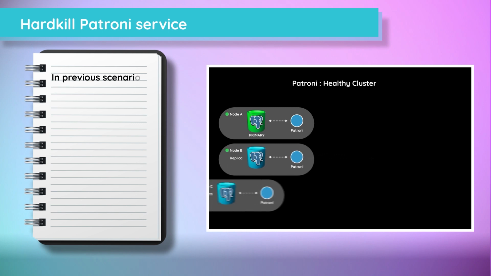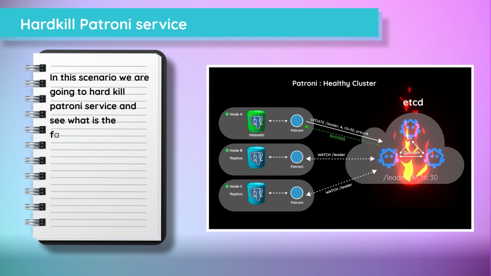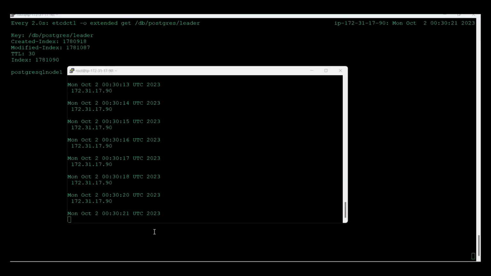In the previous scenario, we stopped Patroni service gracefully, and the failover happened. It took roughly 10 seconds. In this scenario, we're going to hard kill Patroni service and see what the failover time is. To begin with, this is the primary node, as we can see, and the TTL, as we know, is the default of 30 seconds.